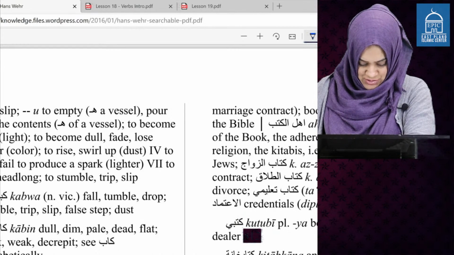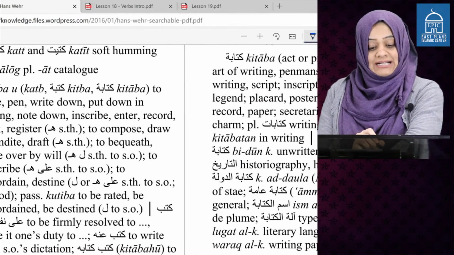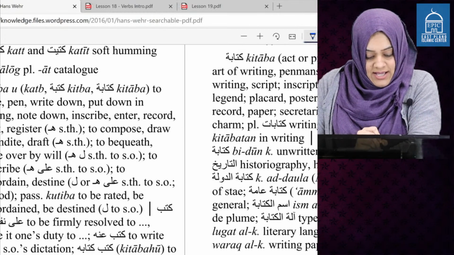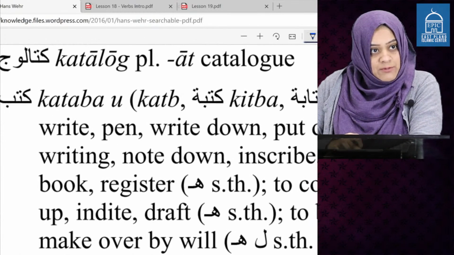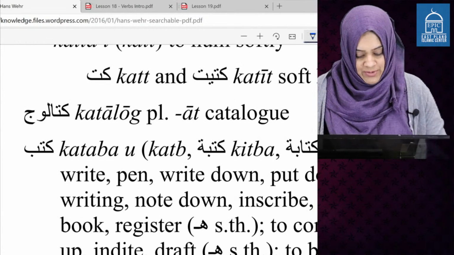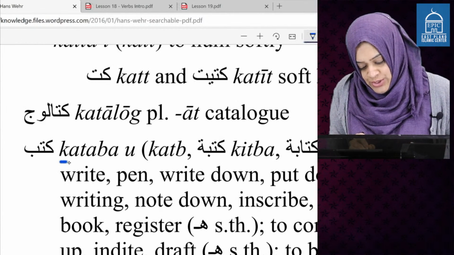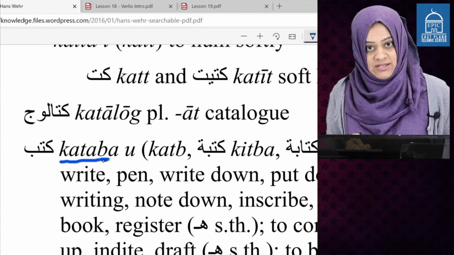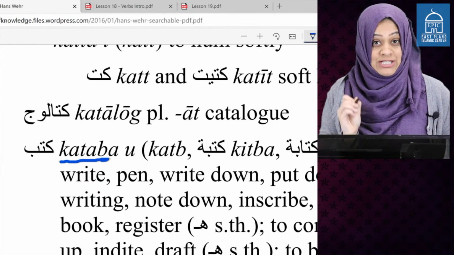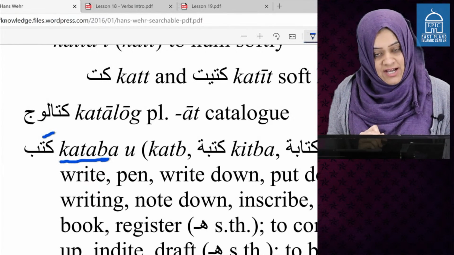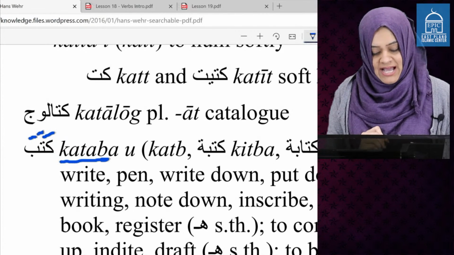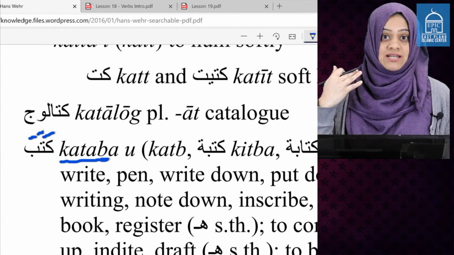Perfect. This just came. So you look at kataba here, right? Everybody can see it? Good. So they're showing you how to pronounce Madi here, kataba. They've spelled it out in English for you. So this tells you that kaf has a fatha, ta has a fatha, ba has a fatha. All right. This is Madi.